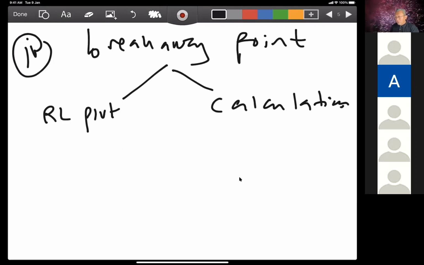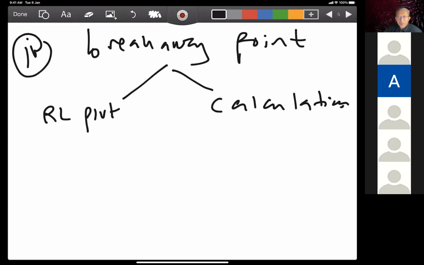So tell me, Jotian, what is the breakaway point approximately from your observations? Oh, not sure. Sorry? From the given plot. I'm not sure, sir.